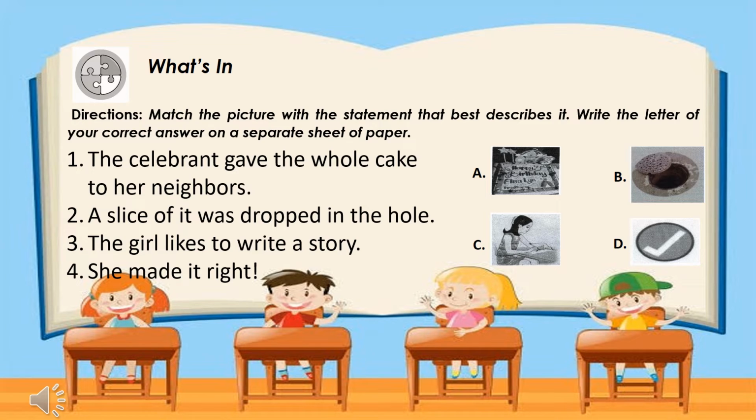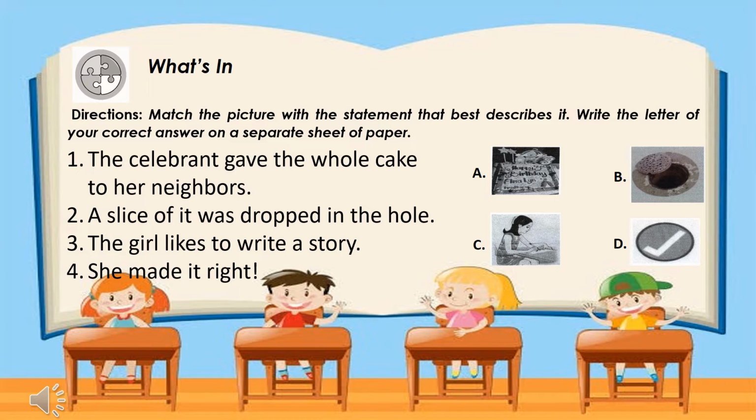So a piece of a whole cake. 2. What is the answer? Very good. The answer is letter B. Next, number 3. What is the answer? Very good. The answer is letter C. Right.